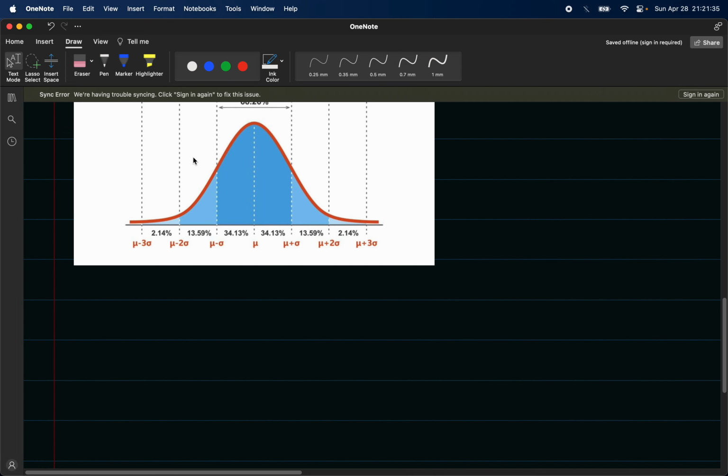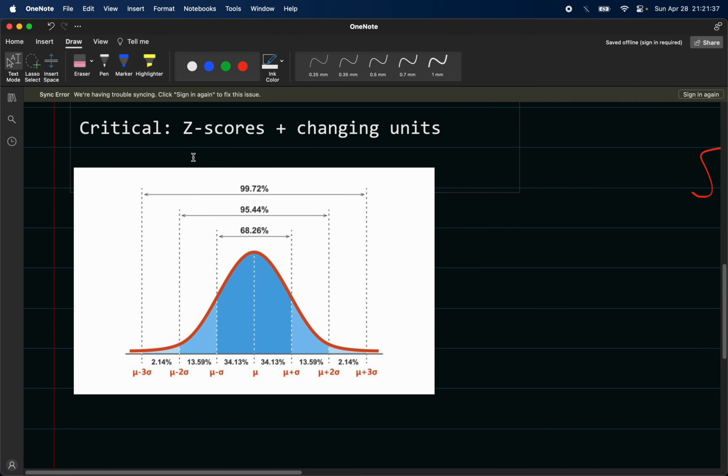Now moving on to what is the most critical part of this lecture, which is z-scores. We already did changing units, so just z-scores, and also the bell-shaped distribution and the empirical rule. So what is a z-score, first of all? I really encourage you to think about what this means.